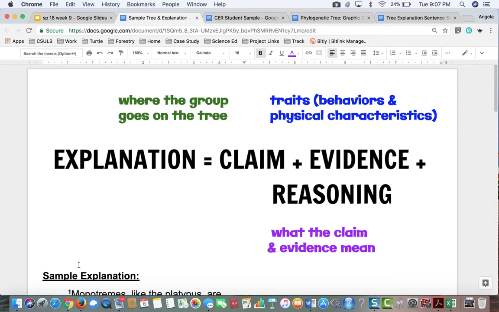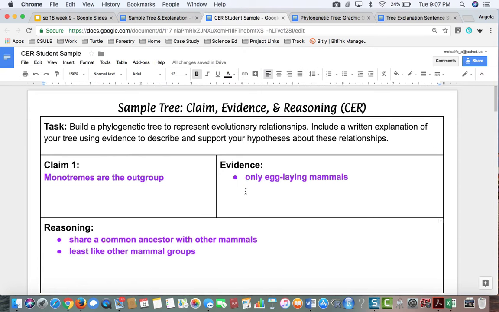So I'm going to switch to another document, and I may go back to this one as well. So you should also have this document attached to your little 2-page packet. It says sample tree, claim, evidence, and reasoning, or I abbreviated it CER at the top. It restates the task, which you have on your big packet.